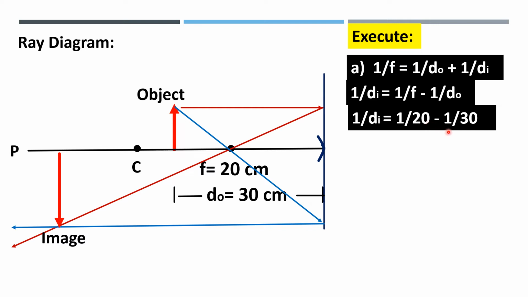So we know that we are expecting our image distance to be expressed in centimeters. All right, so let's continue now. 1 over 20, that is the reciprocal of the focal length, minus 1 over dO, which is 30.